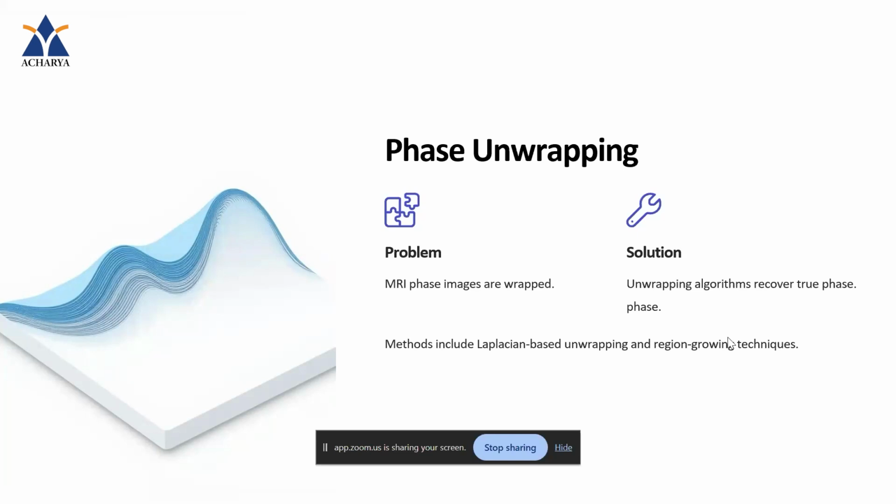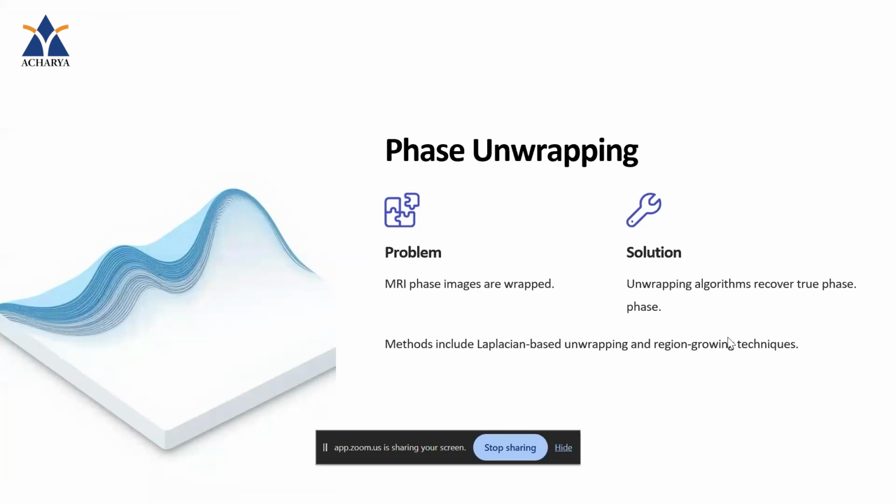Because of these wrapping issues, it is very difficult to interpret the susceptibility variations. So here the phase unwrapping step is followed. How is this phase unwrapping done? Here we are following a mathematical process.